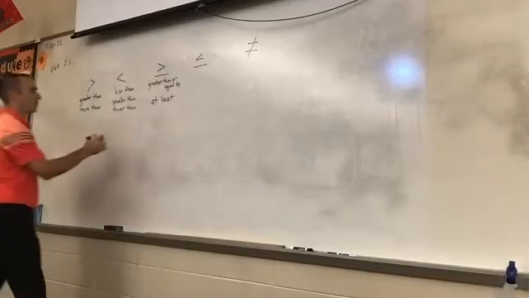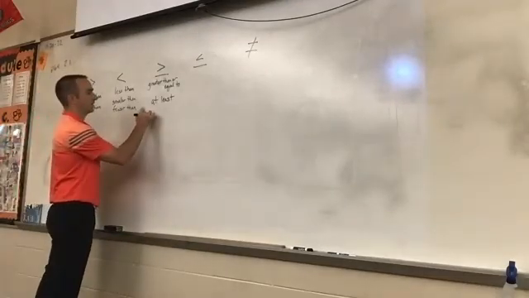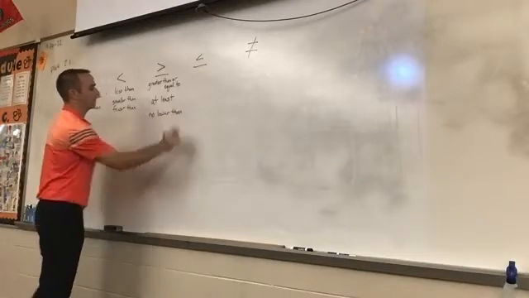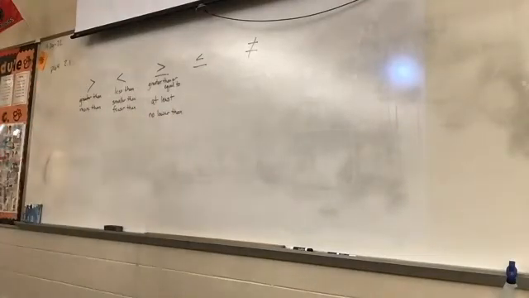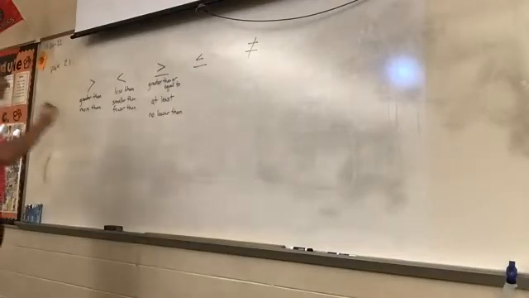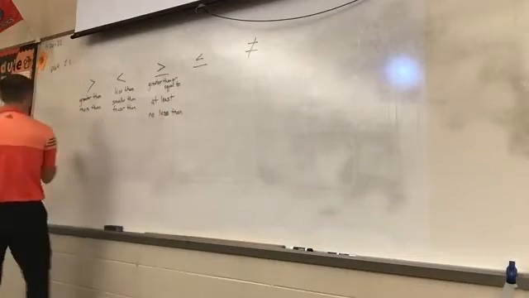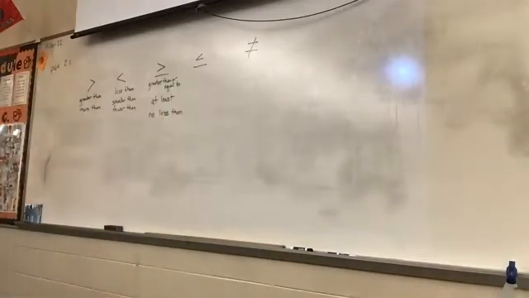And the other one that we'll throw up there is no less than. Sorry, no less than. Which can be confusing because we have less than and then we have no less than. It's a slight change, right?